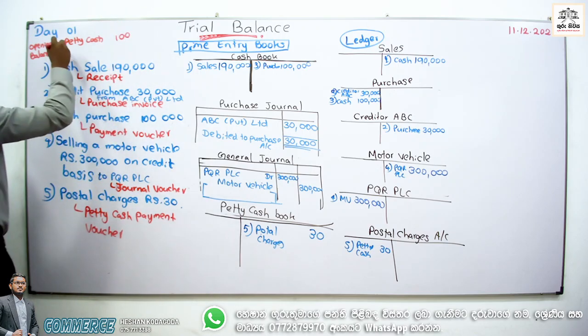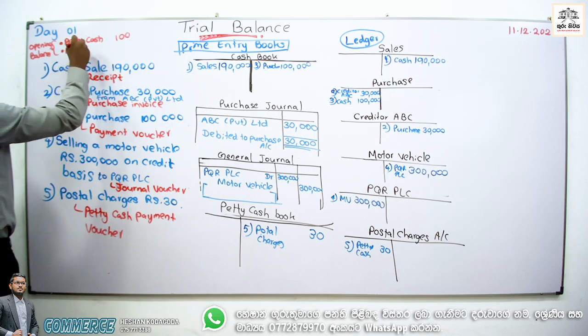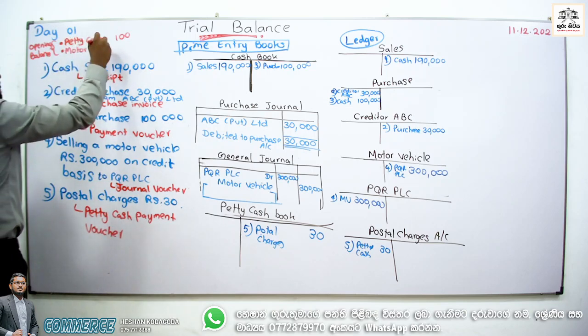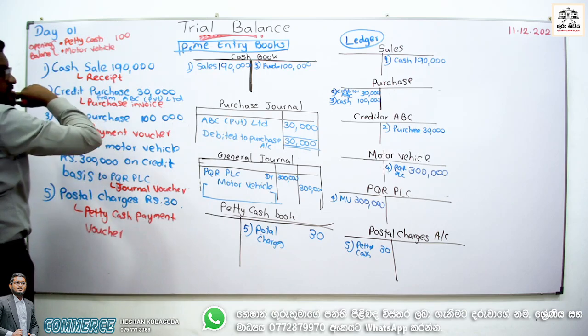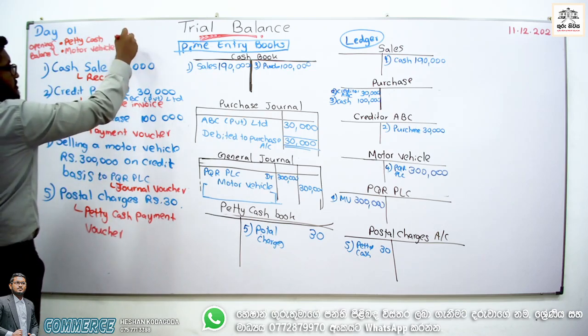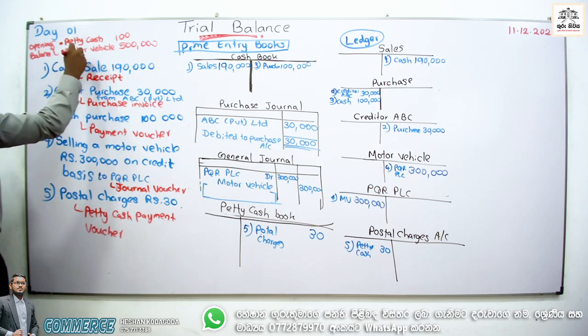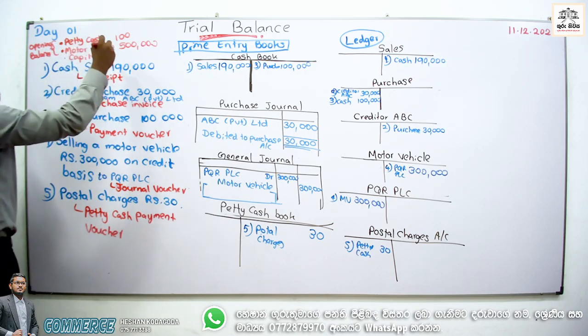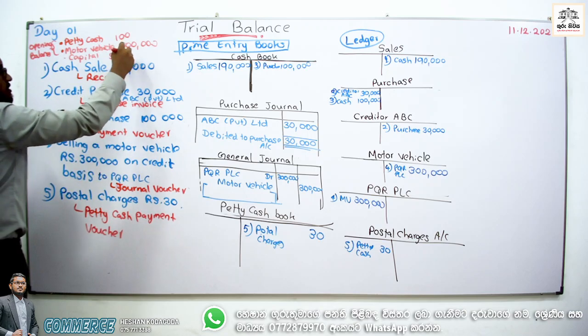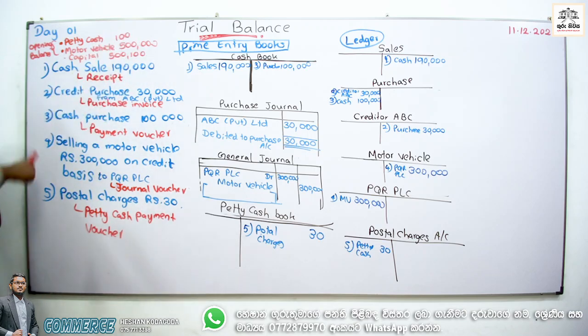And also motor vehicle, let's take like 500,000. So then I'll take capital 500,100. The total of these two should be the capital, remember? The total of these two should be the capital.